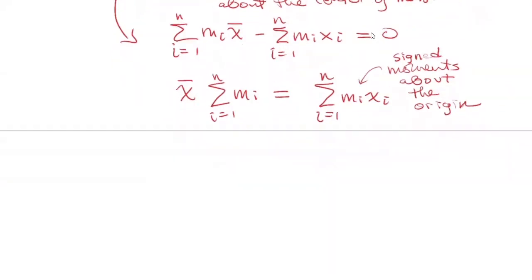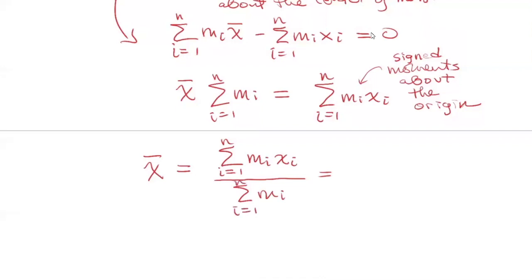Okay. And so the goal here was to find a formula for the center of mass, which we've done. This is the sum of each mass times its distance for the whole system, those are the moments about the origin, divided by the sum of all the masses, which is the total mass of the system.